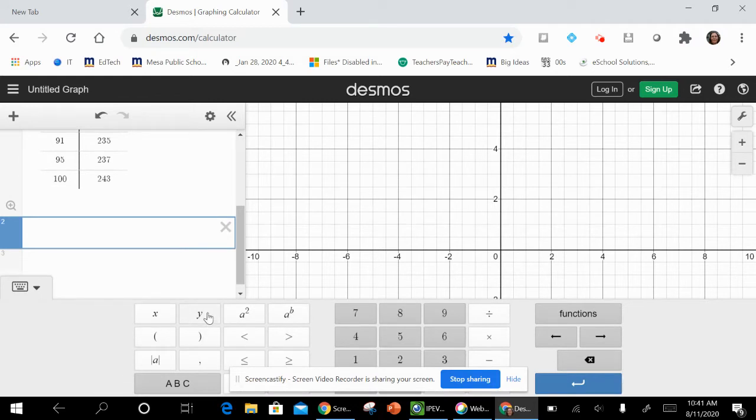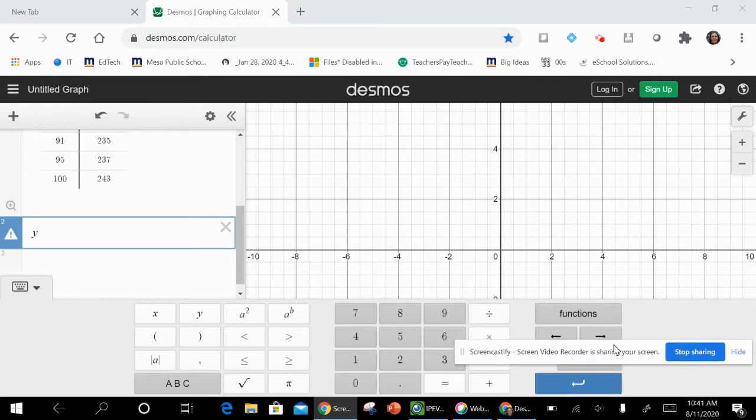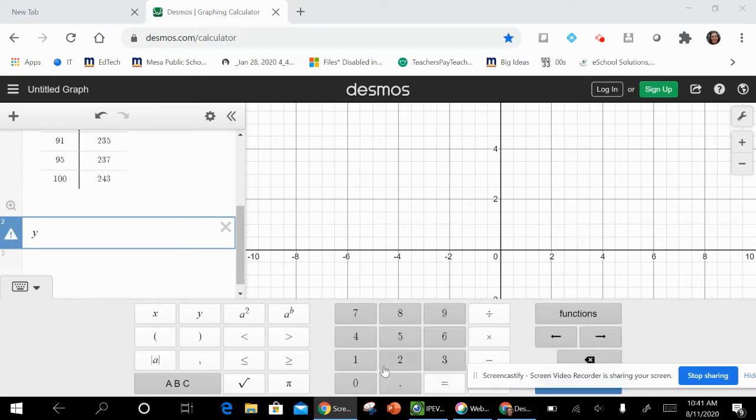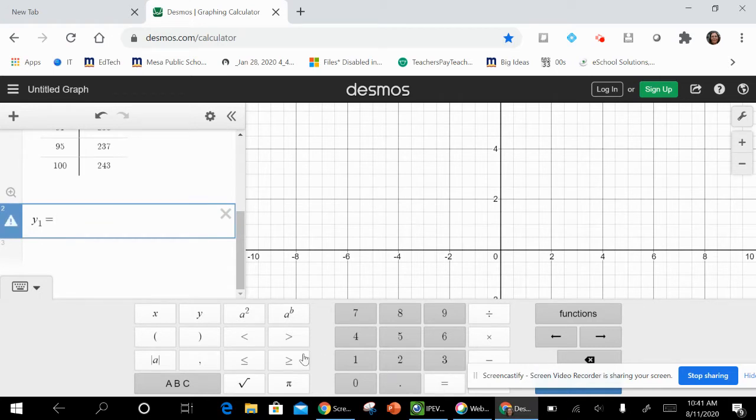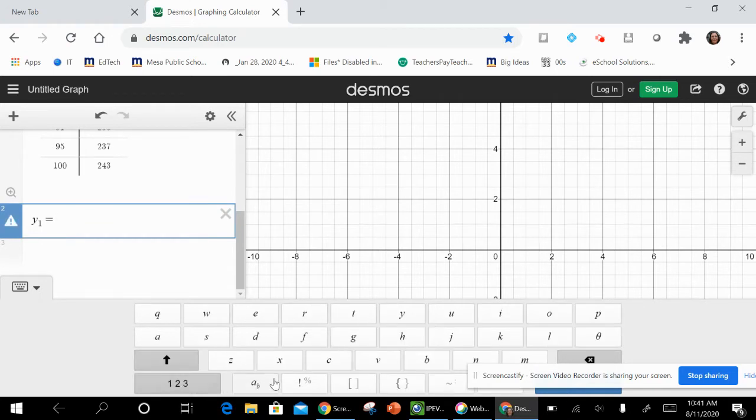Okay. And then this is where we go here, and we're going to use the keyboard. So I'm going to put in y1 is equal to, and then that's where we go to the ABC.